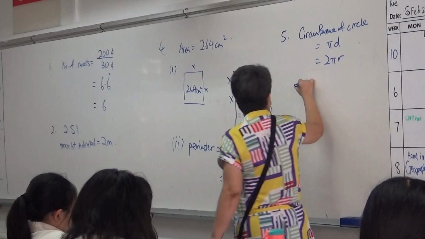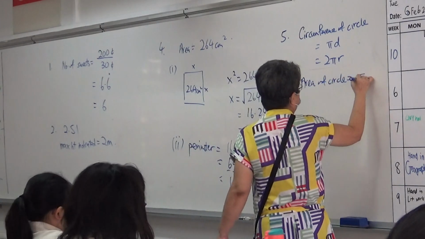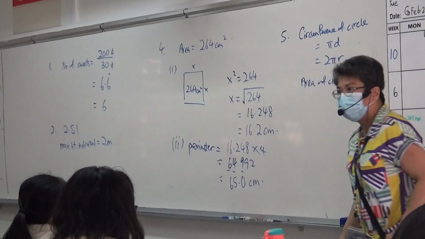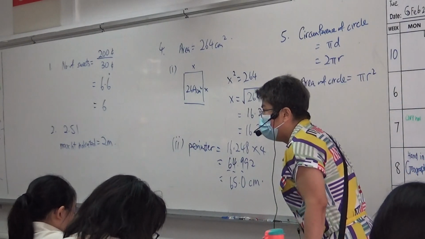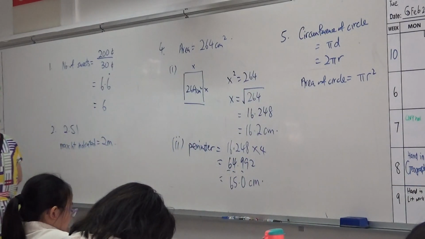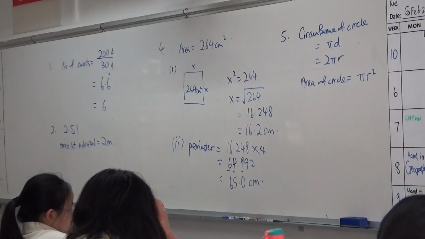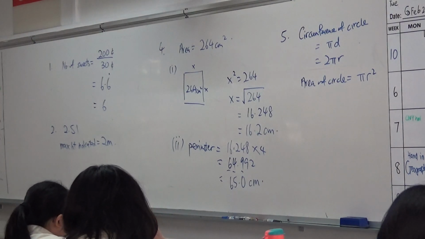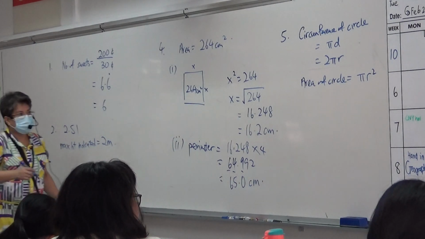Okay. What about the area of the circle? Pi r squared. Find out. This is from your primary school. Am I right? Okay. Alright, let's look at question 5. The circumference of a circle is 136 meters. Find its radius.